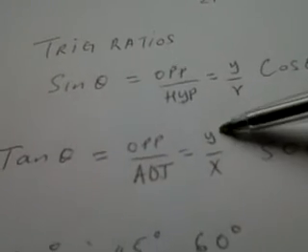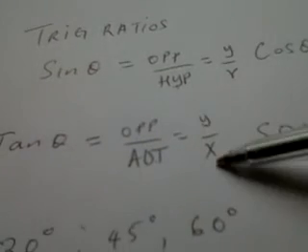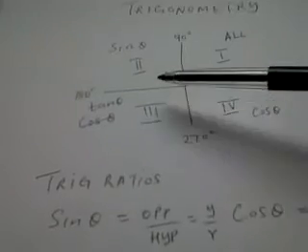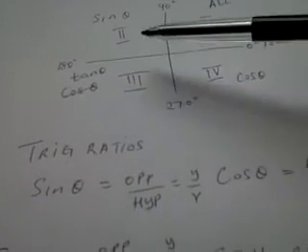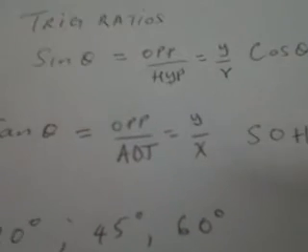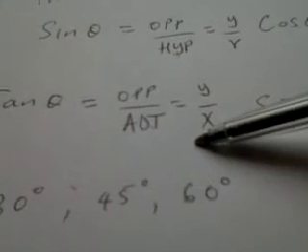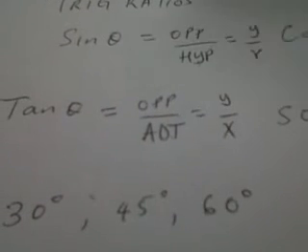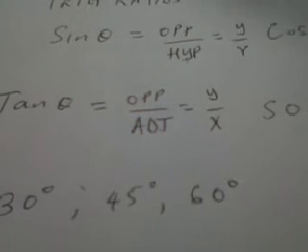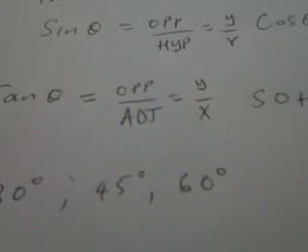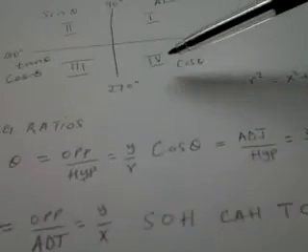Y is still positive, but now x is negative. So the ratio becomes negative. We can keep doing the same thing to test and prove that tan will be positive in this quadrant and cos will be positive in this quadrant.